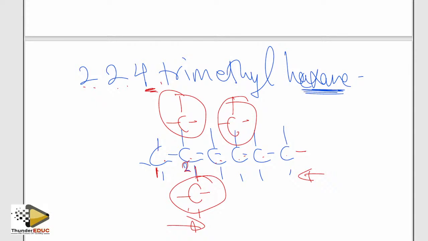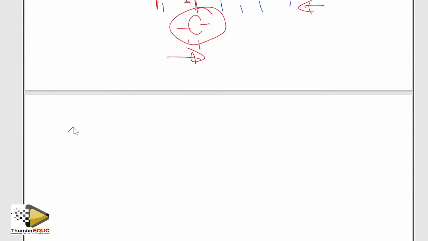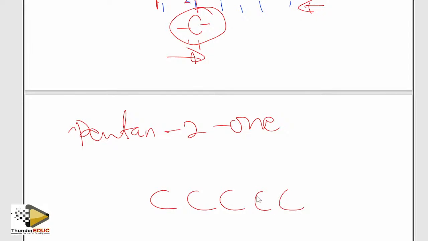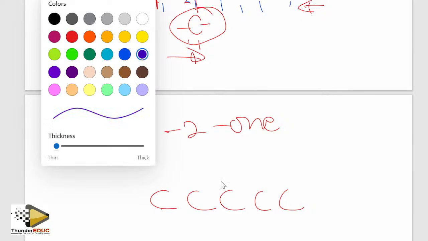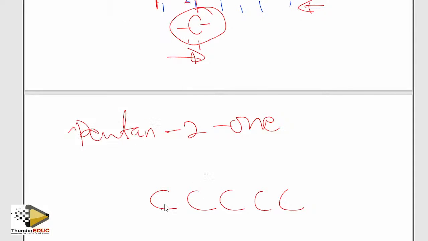Pentane-2-one. Let me write it here. Pentane-2-one. Pentane is 5. 1, 2, 3, 4, 5. But they're saying 2. So I can count from this side or from the other side. Either way is cool. Therefore, I will count from this side, and pentane-2-one is going to be 1, 2.